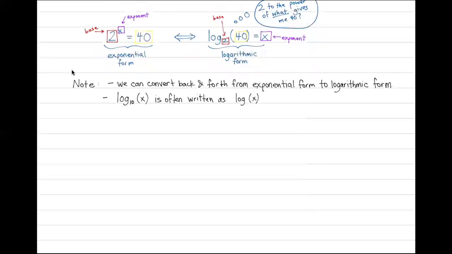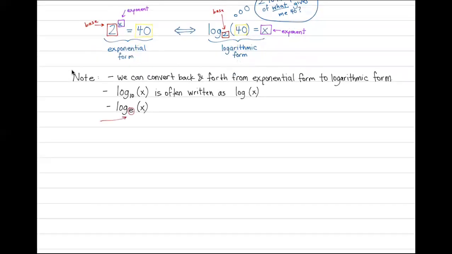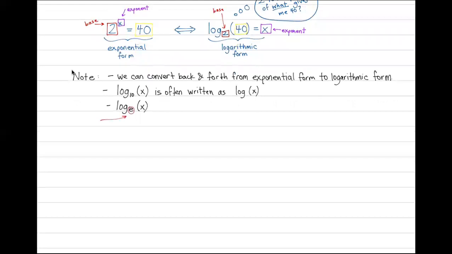The other common log base that comes up is log base e. What is e? Let's remind ourselves. Remember e here is that special mathematical constant 2.71 something, and it comes up all the time in math. So if we want to do log base e, we will have some number and we want to know e to the power of what gives us that number.